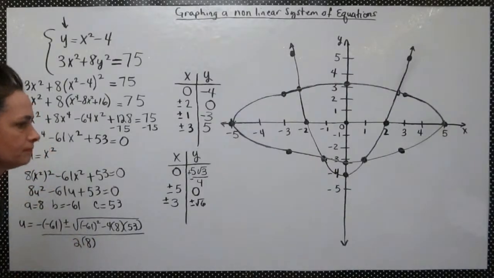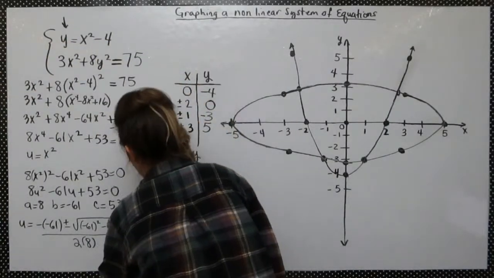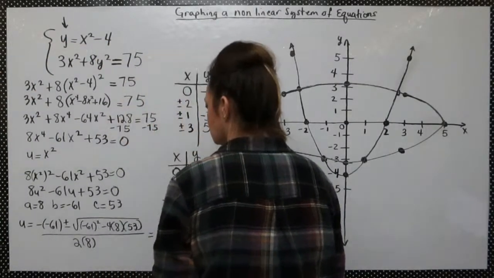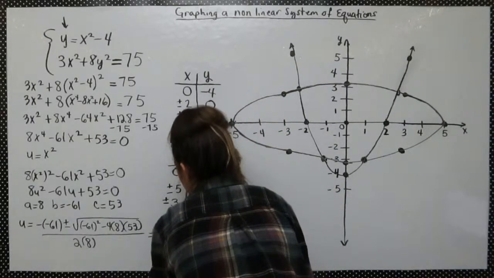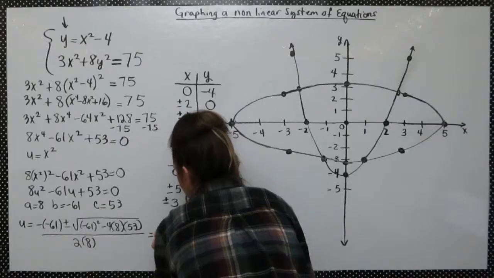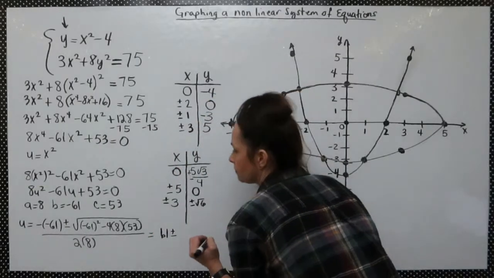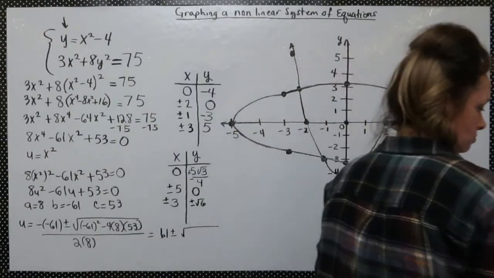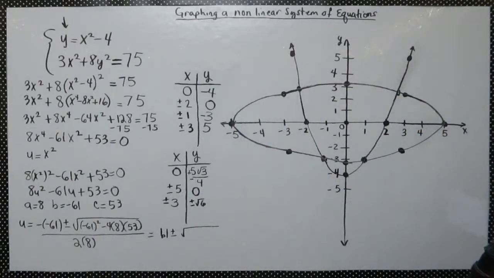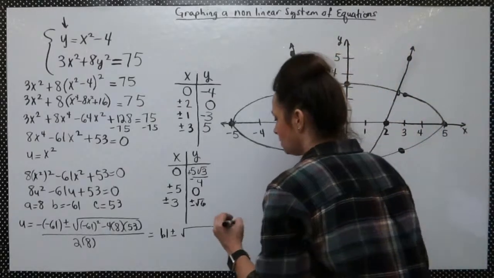All right, so the hardest part of the quadratic is plugging in. After that, you just simplify. So it's going to give me a positive 61 plus or minus the square root of, a little bit of algebra here, 61 squared is giving me 3,721.